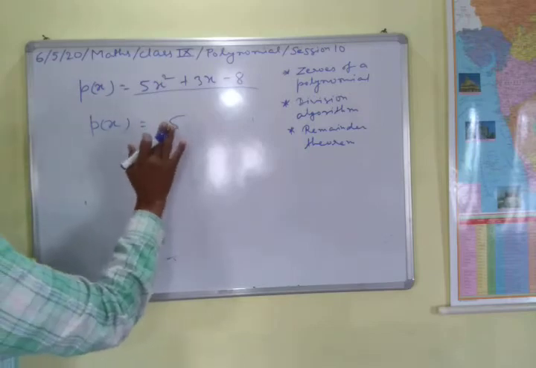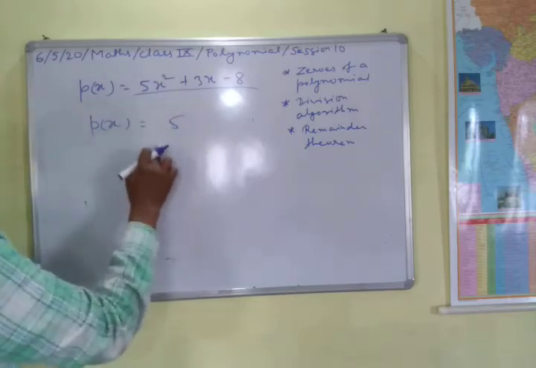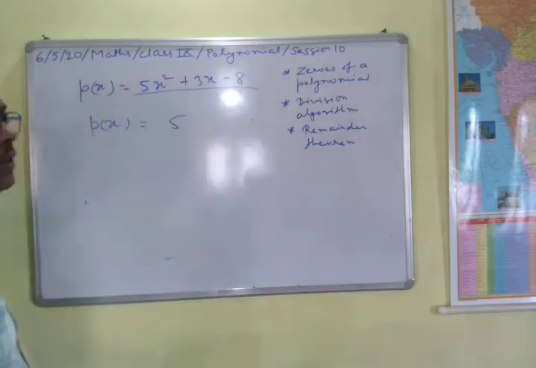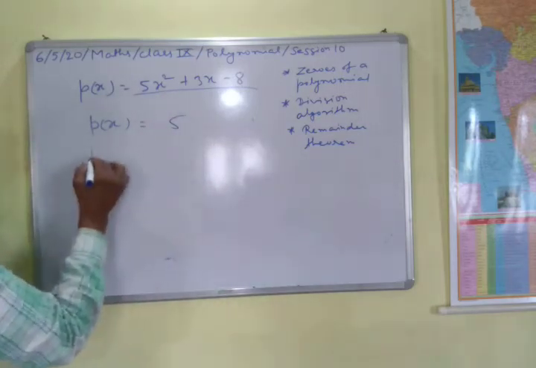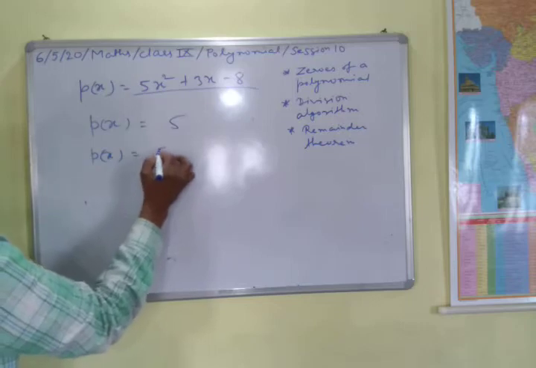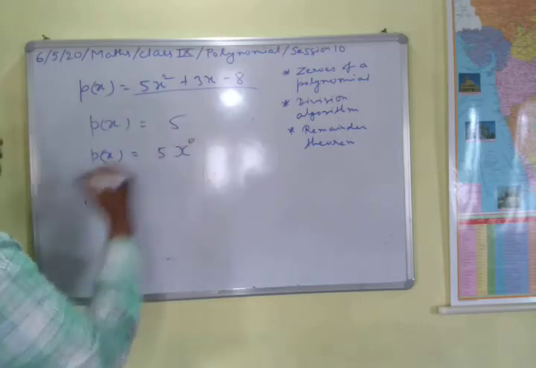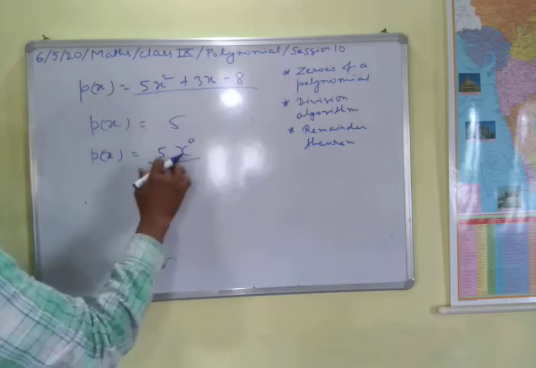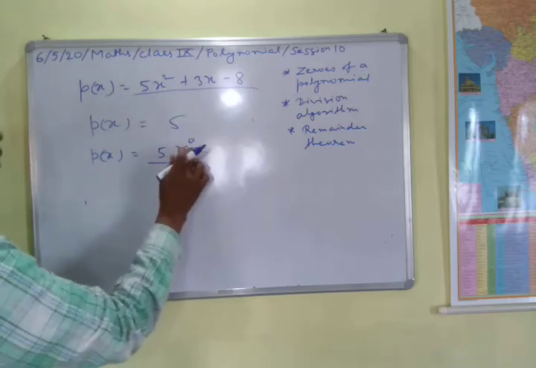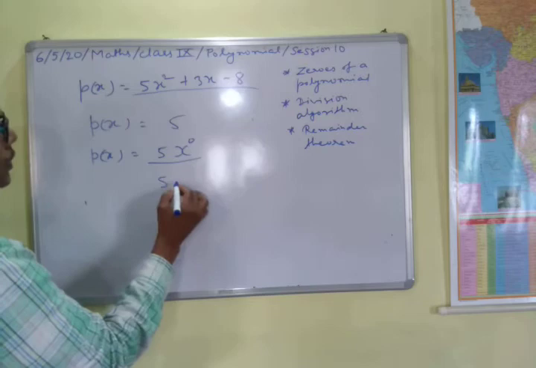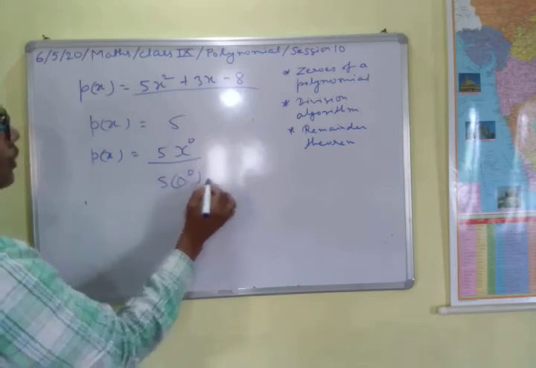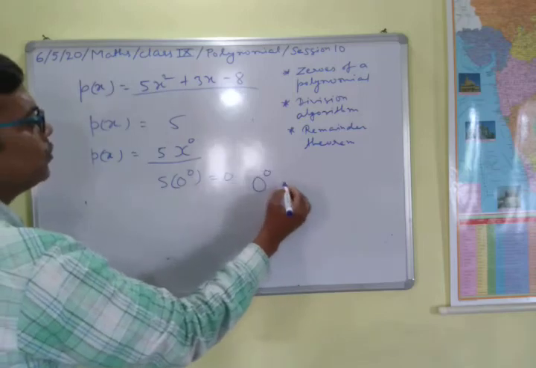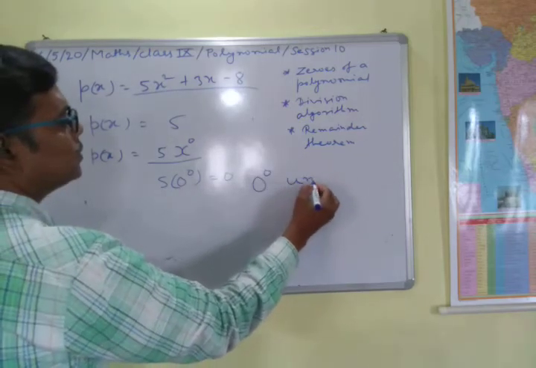See, the value of this p(x) will never be 0 for any value of x, because you can write p(x) equal to 5 into x to the power 0. Now you will say that we can put x equal to 0, so 0 to the power 0 equal to 0, but this is not true, because 0 to the power 0 is not defined. This is undefined.